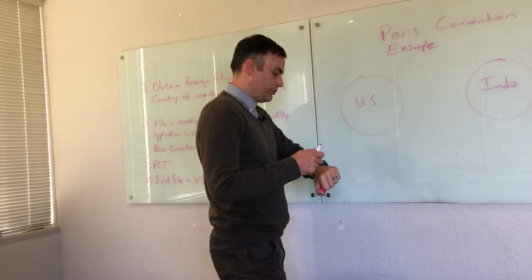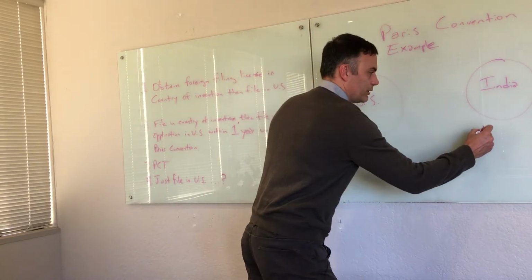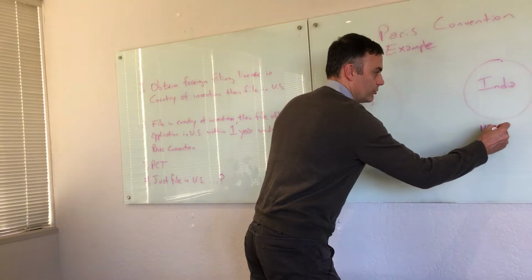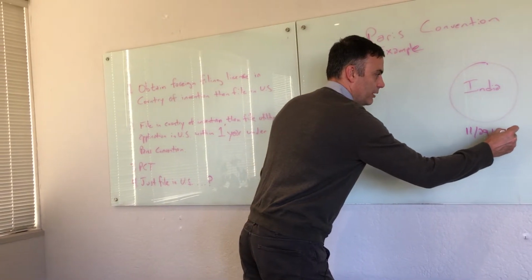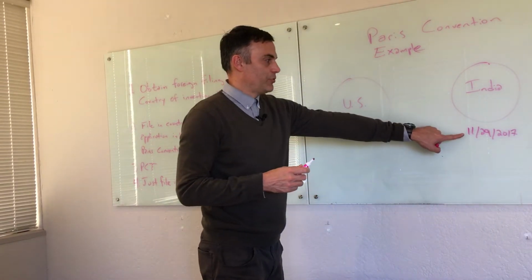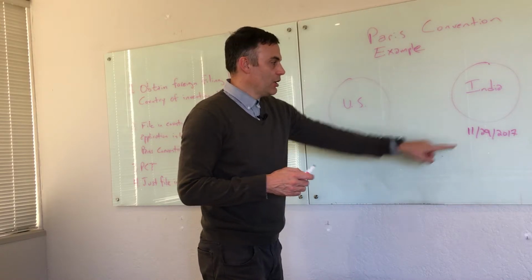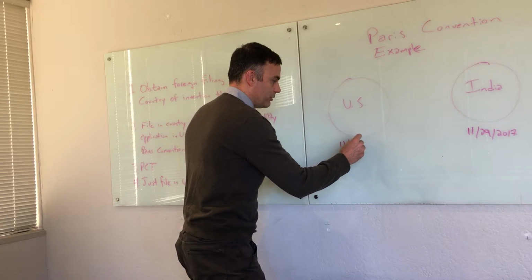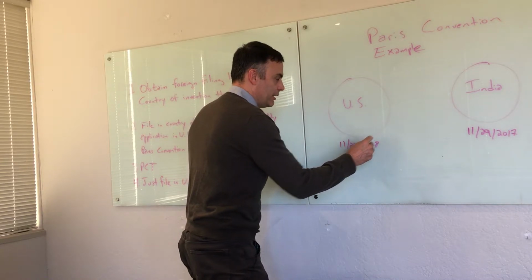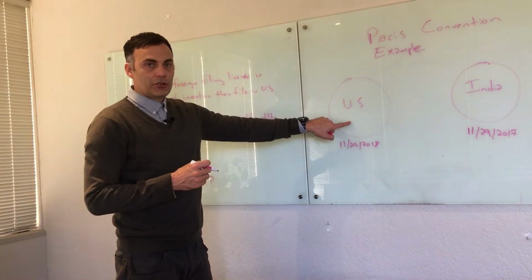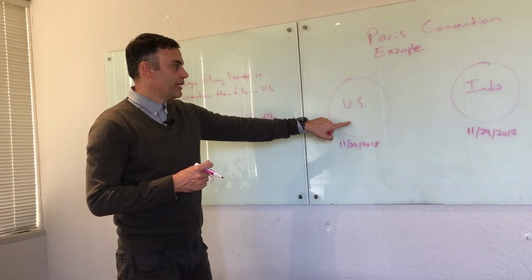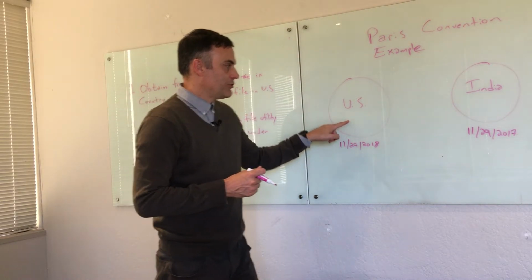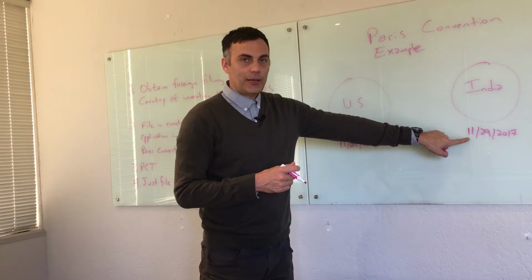Say, for example, today's date is 11/29/2017, and you filed the provisional patent application in India today. In the United States, under the Paris Convention, you would have until 11/29/2018 to file the utility application, and you claim priority under the Paris Convention to the Indian application.